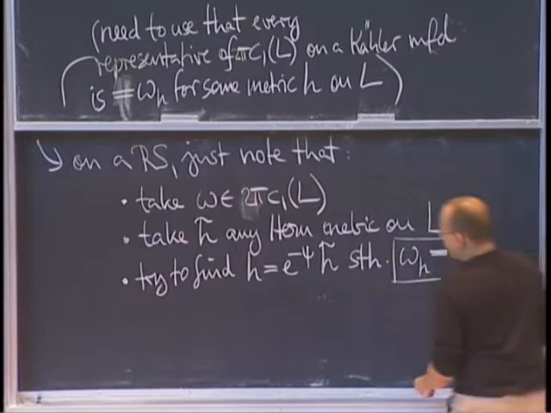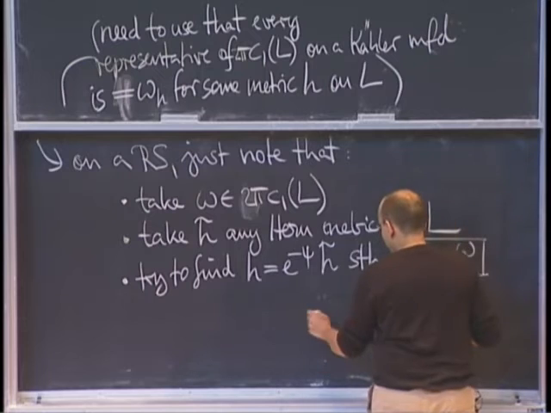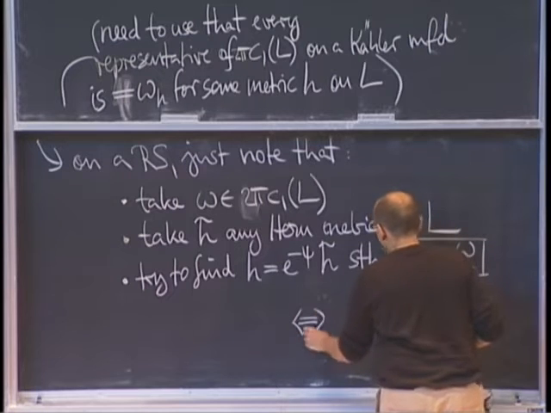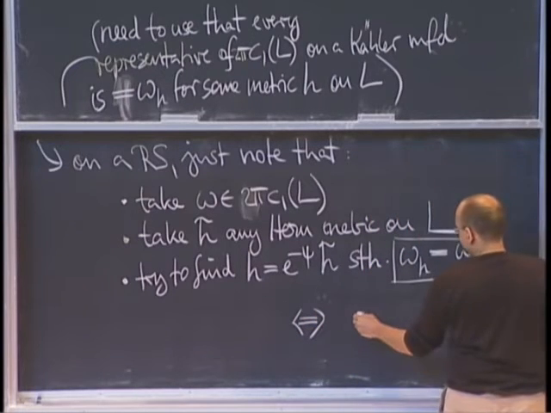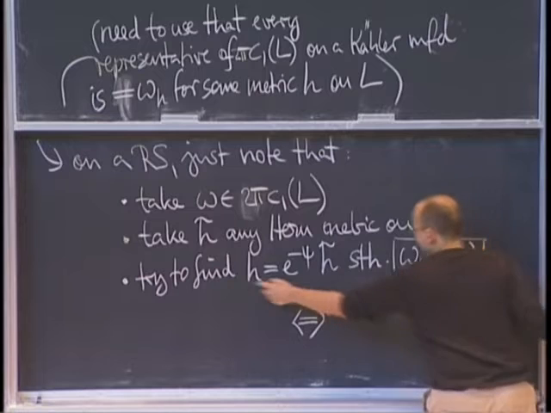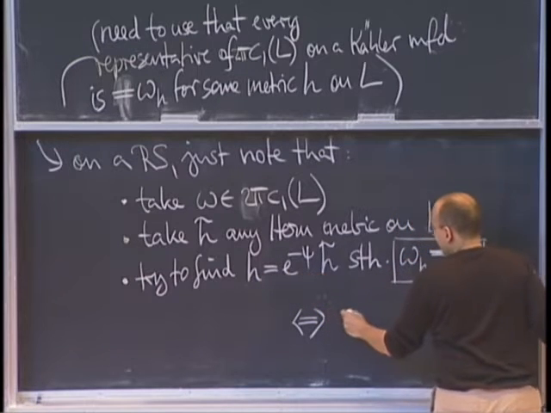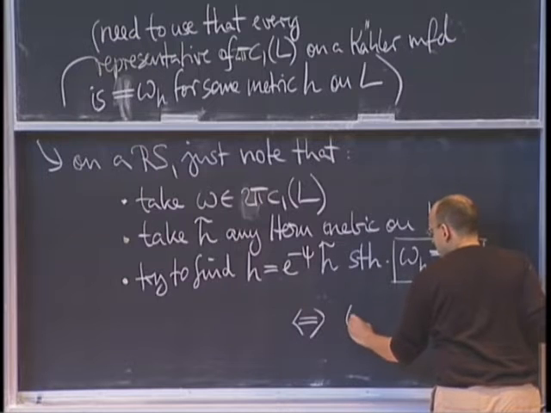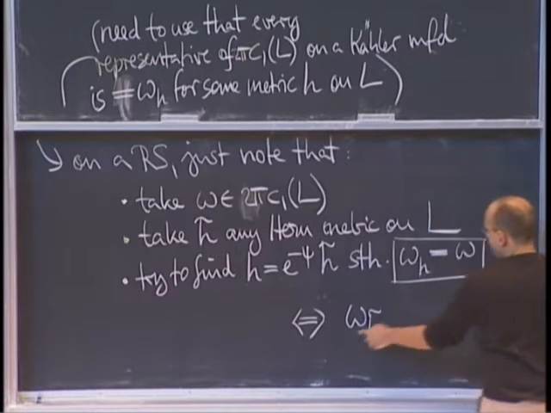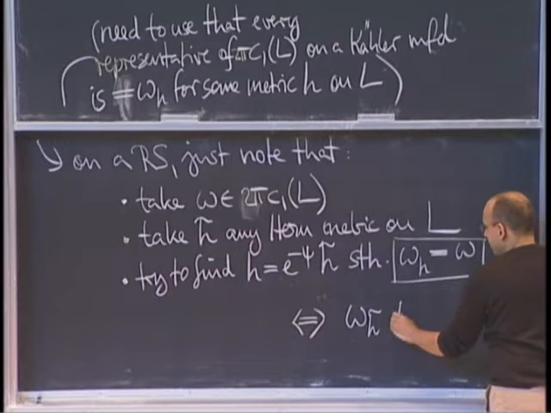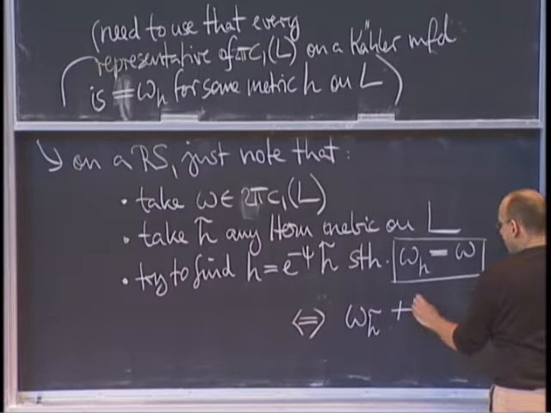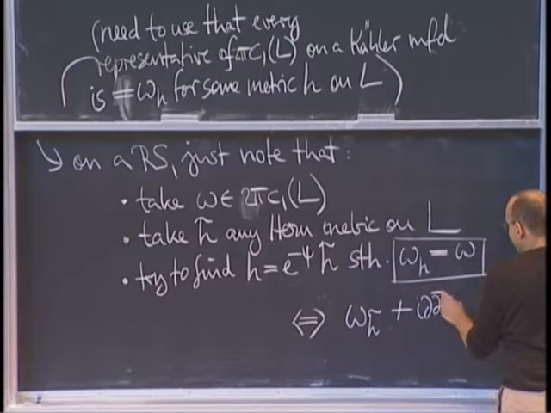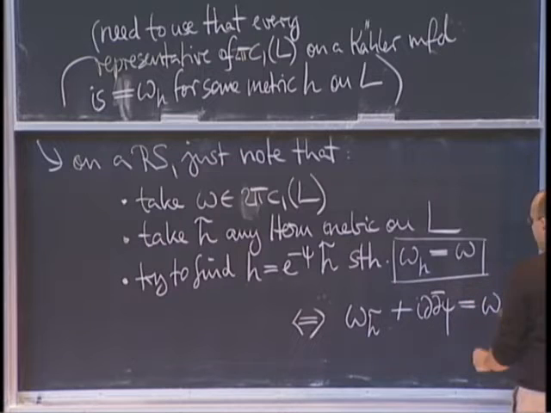But that equation, by the definition of the curvature form, is just equivalent to saying that, take dd bar log, it's just saying that omega_h tilde, the curvature form of the given metric, plus i del-bar del psi is equal to the curvature form that I want to have.